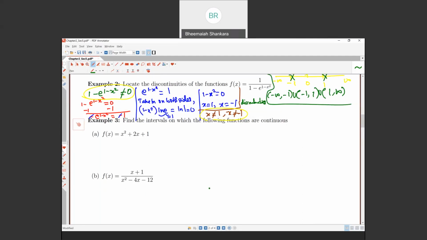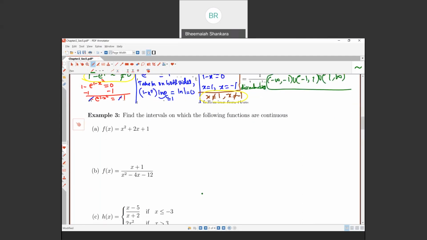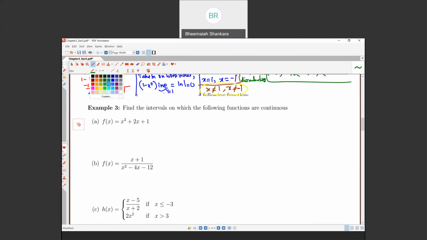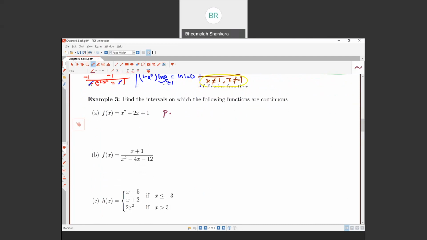Next, find the intervals on which the following functions are continuous. Read carefully, the function x squared plus 2x plus 1 is a polynomial.